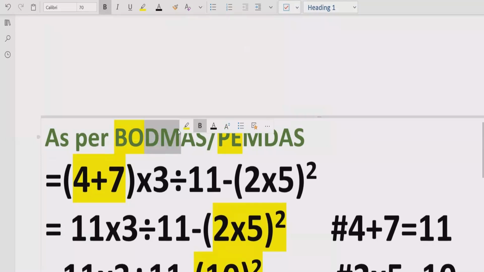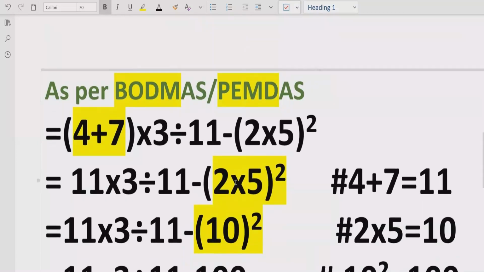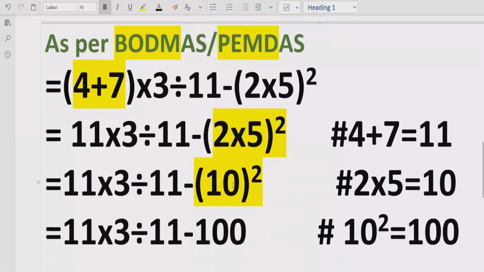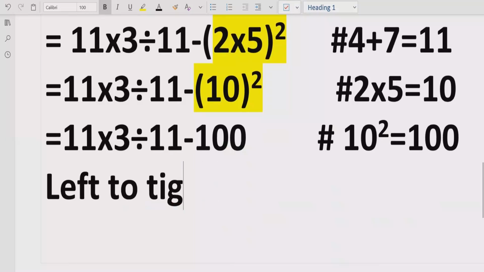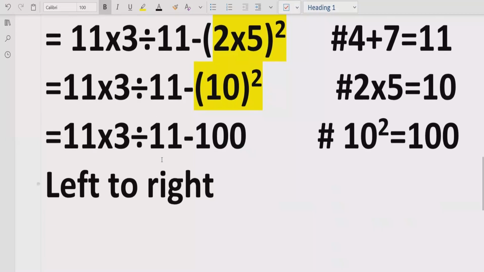Now we have to solve step number 3, which is division and multiplication, or you can say multiplication and division. Actually both have similar precedence, so you can solve any of them which is coming first if you are going left to right. So we have to go left to right in this part and find out which is coming first.